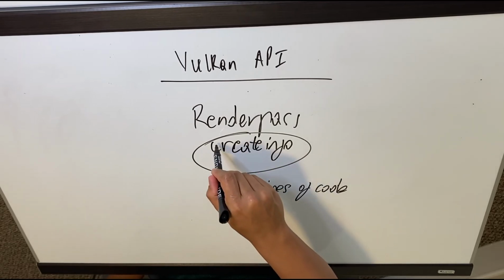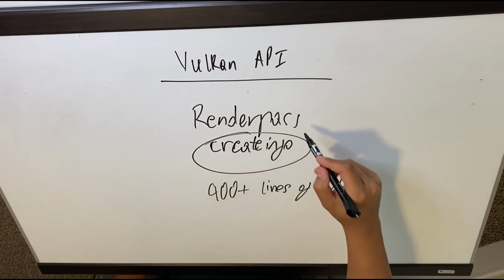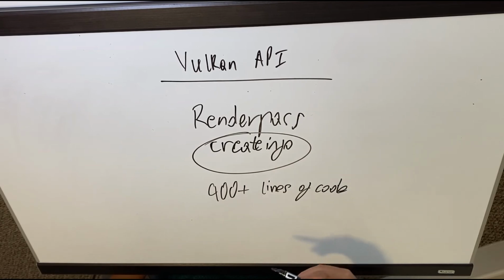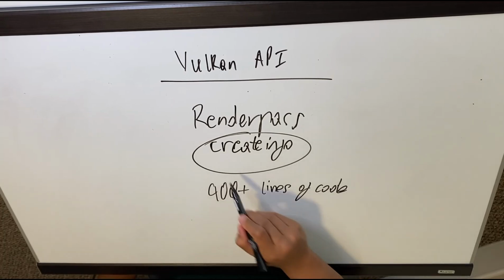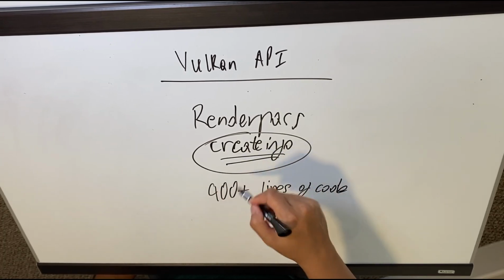So a lot of the so-called complexity that people talk about with Vulkan is just giving you the requirement to declare all the settings that you desire in your application in order to get the triangle. So this create info thing is very important.